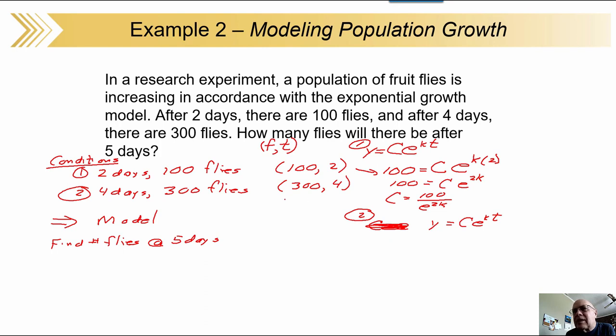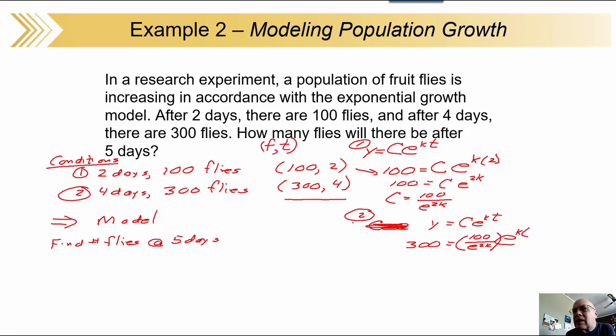For the second condition, we've got 300 flies, so 300 is the y value. We'll get C from the other one. C from the other one is 100 over e to the 2k. That's C, and we've got e to the k.